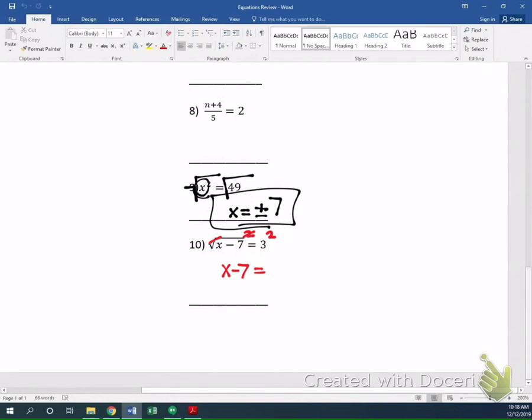What's 3 squared? It's 9. It's 3 times 3, which is 9. Then what? Plus 7. x is 16.